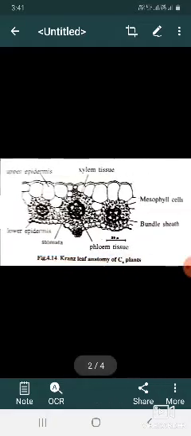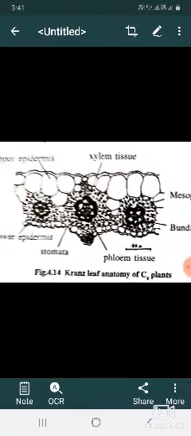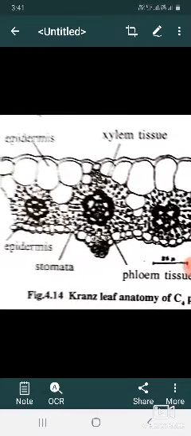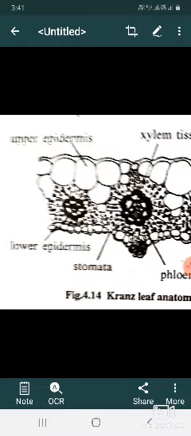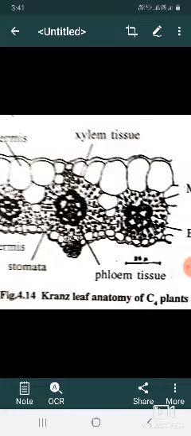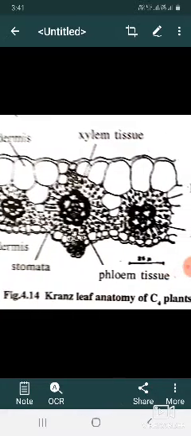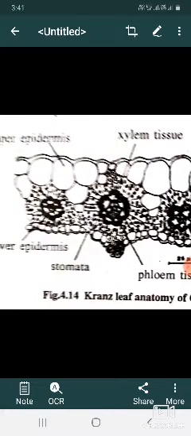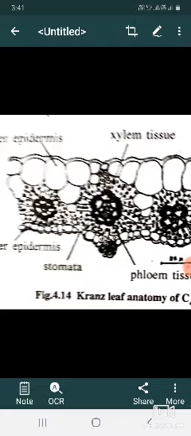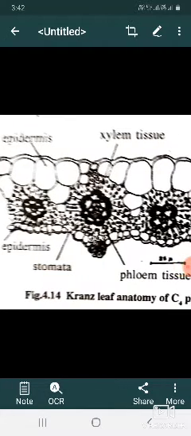So this is the leaf anatomy of C4 plants. C4 plants, though belonging to diverse families and taxonomically unrelated, have common features in the leaf anatomy. All these plants possess a bundle sheath made of large sized cells.